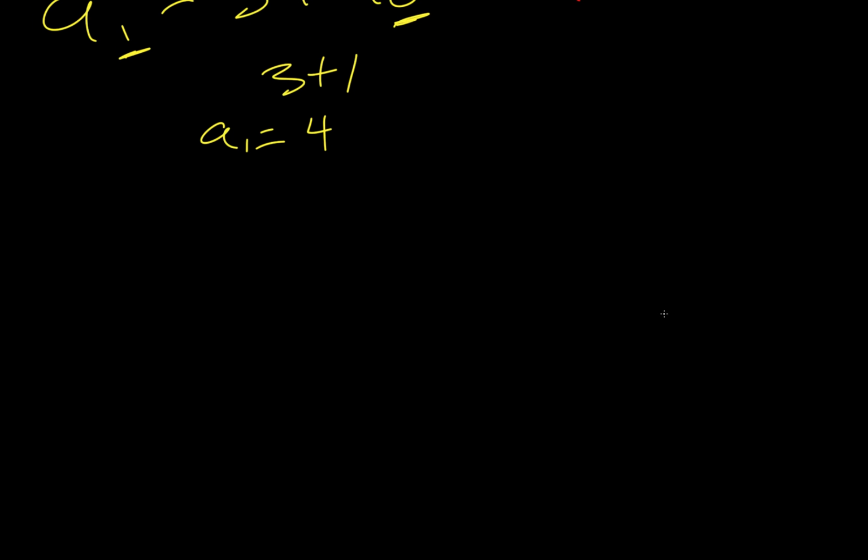Okay, now we're going to go back to a problem that we did on the previous video, and we did it in explicit form. But now we're going to do it in recursive form. So we want to write a recursive equation for this situation. So we have 1, then we have 5, then 9.